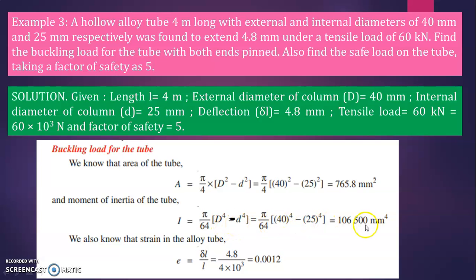Simplify this, you get this value. Now we have to calculate strain, because we want to calculate Young's modulus. So strain is equal to change in the length divided by original length. Change in the length, that is given 4.8, divided by original length, that is 4 into 10 raised to 3 millimeter. So you get 0.0012.